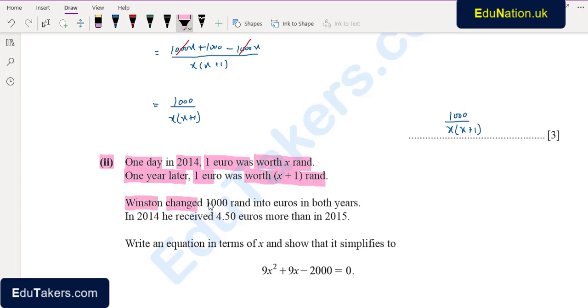Winston changed 1000 rand into euros in both years. In 2014, he received 4.5 euros more than in 2015. Write an equation in terms of x and show that it simplifies to 9x square plus 9x minus 2000 equals 0.